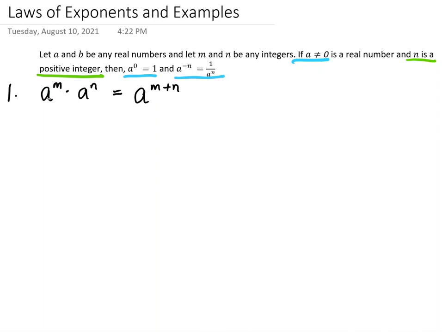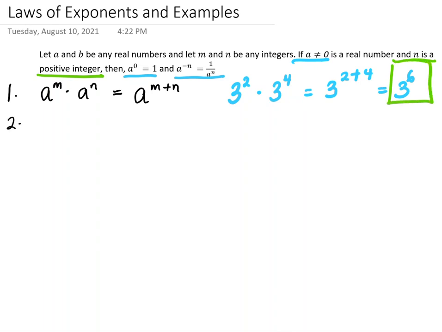So A^M times A^N is A raised to the power of M plus N. For example, 3 raised to the power of 2 times 3 raised to the power of 4. Since we have the same base, this is 3 raised to the power of 2 plus 4, and that is 3 raised to the power of 6. So that is that.